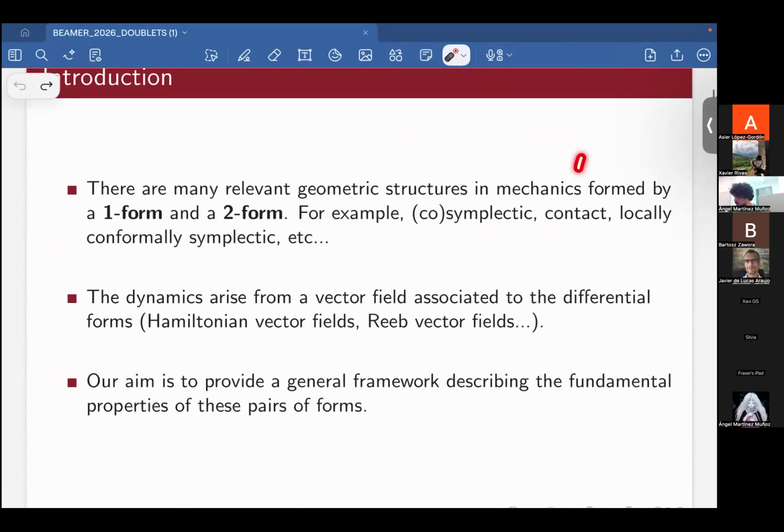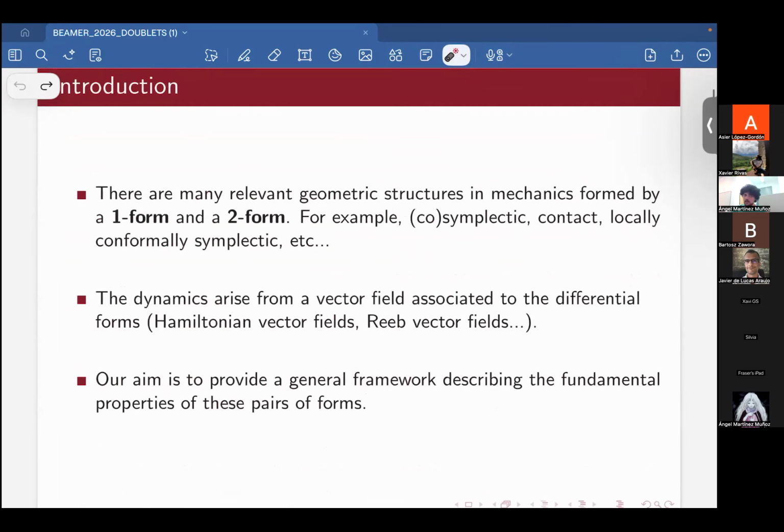Okay, so what are we going to do? Well, basically, we were studying singular Lagrangians in contact mechanics. And there were some cases that weren't studied very much because you didn't have some Reeb vector fields and stuff. So the geometry there wasn't very understood. So in trying to understand that, we found out that there was a little bit of a hole, we believed, in the literature when talking about just pairs of differential forms.